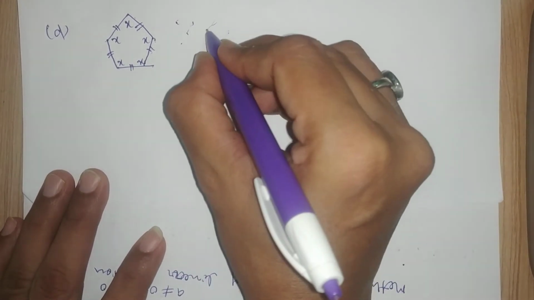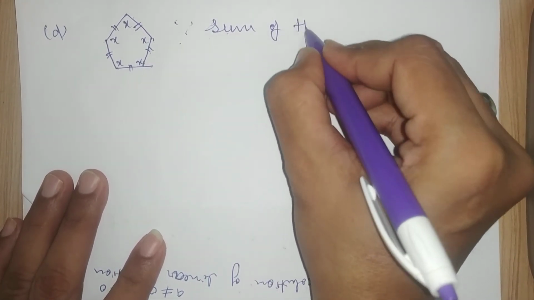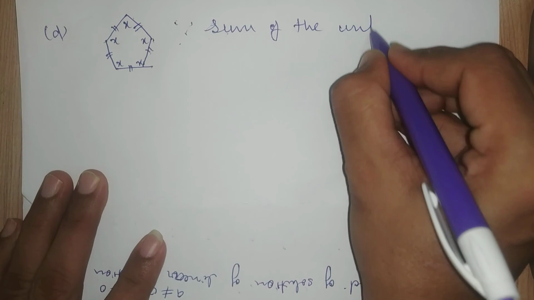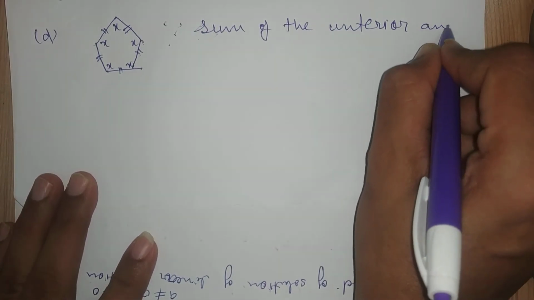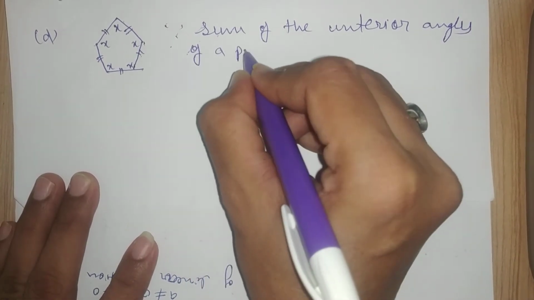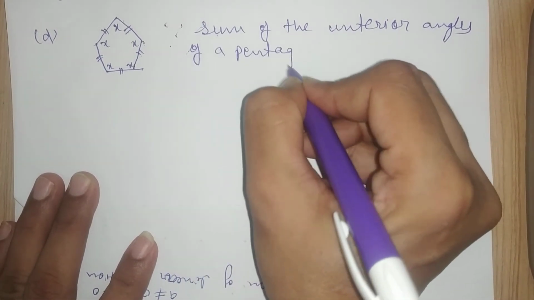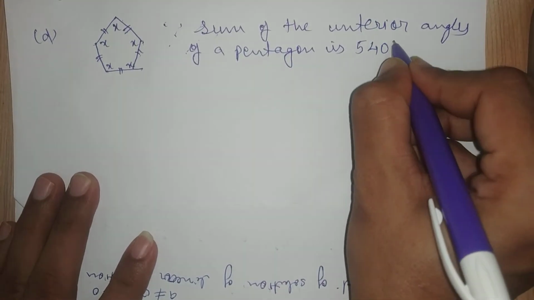Since sum of the interior angles of a pentagon is 540 degree.